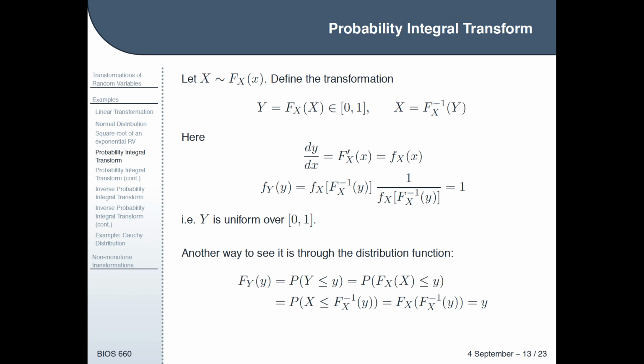That comes from the fact that we have to multiply this by the derivative with respect to whatever the formula is.